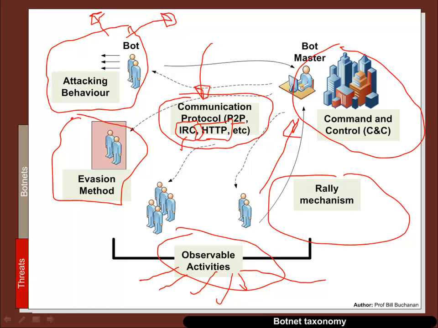So for us it's important that we can actually characterize our botnet to be able to detect its operation, either in its attacking behavior, its evasion method, other observable activities, rallying, and also its command and control.